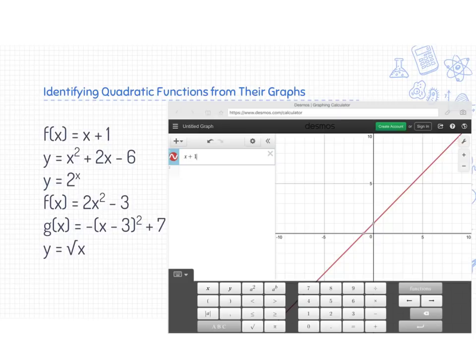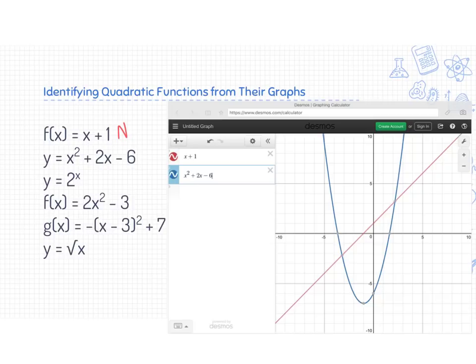So then we would state that this one is no. And then we look at the next one, x squared plus 2x minus 6. And as we'll see, that gives us that parabola shape that we are used to. So we would say that is a yes.